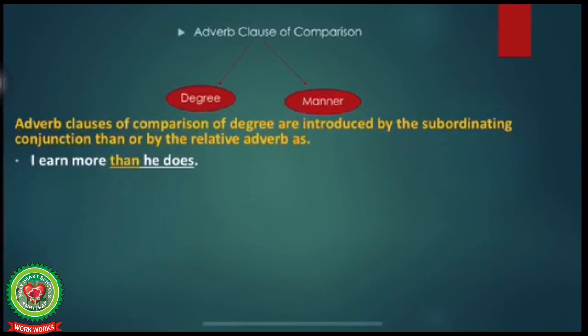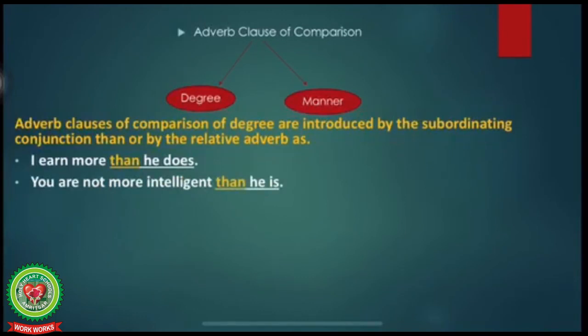Example: I earn more than he does. Than he does is a subordinating clause, and than denotes that it is the subordinating conjunction of comparison. So than he does is an adverb clause of comparison.